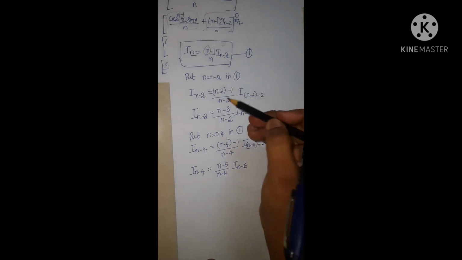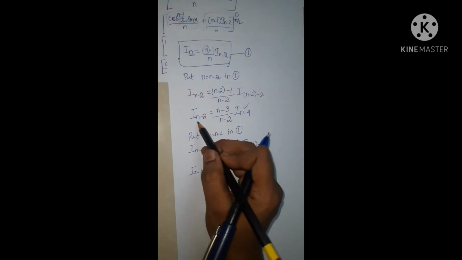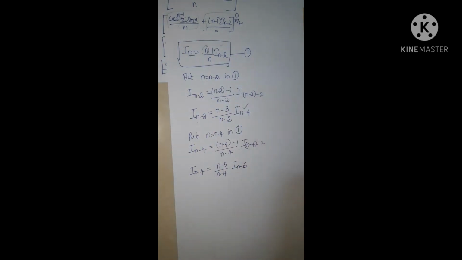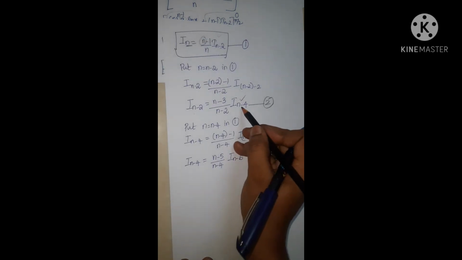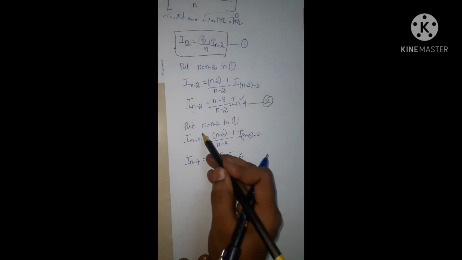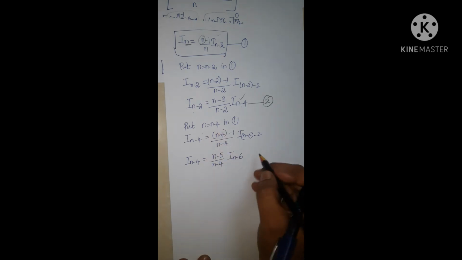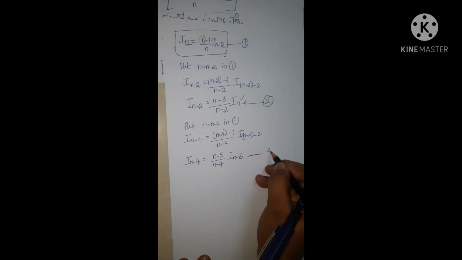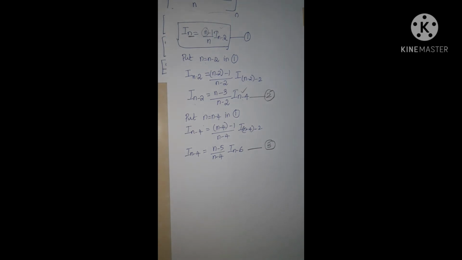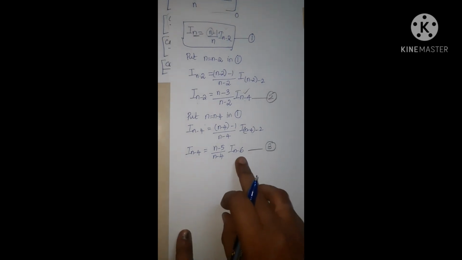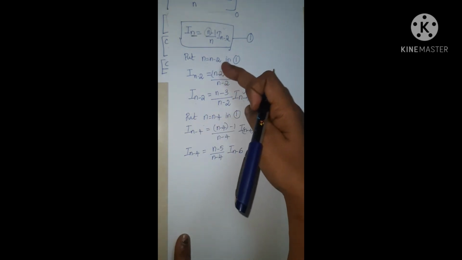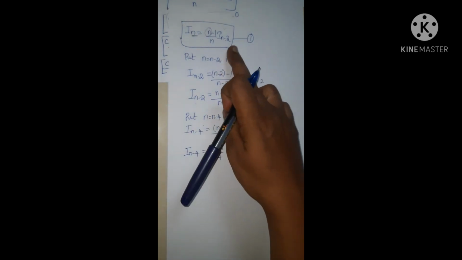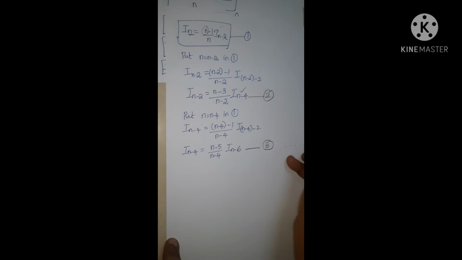So when I substituted n equal to n minus 2, I got the answer for I_(n-2). Let me call this equation 2. Now to find the value of I_(n-4), I put n equal to n minus 4 and got the answer for I_(n-4). Let me call it equation 3. Like that, I can find the value of I_(n-6) by putting n equal to n minus 6 in equation 1. Like this we can proceed.